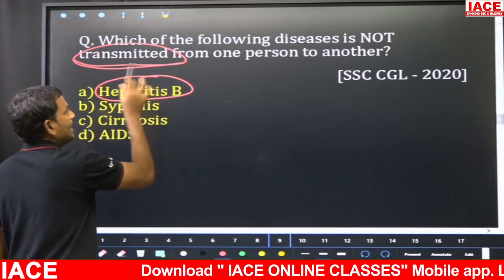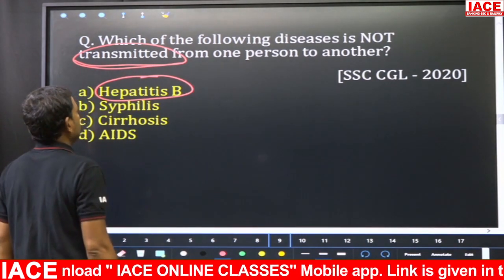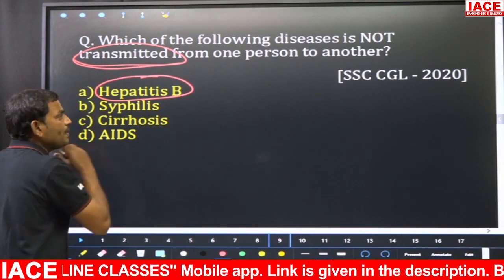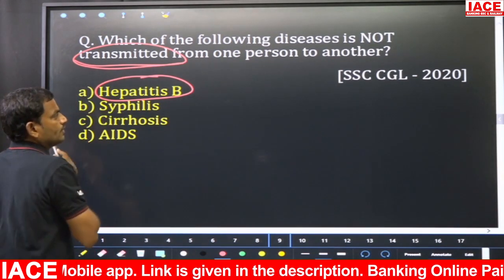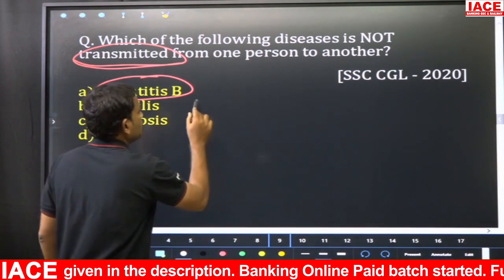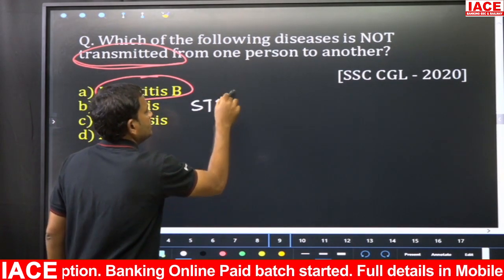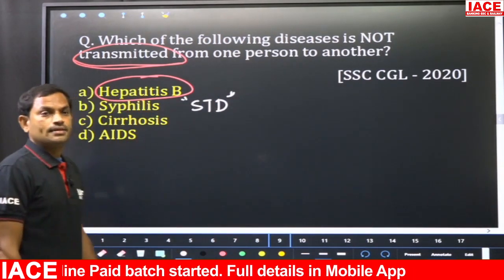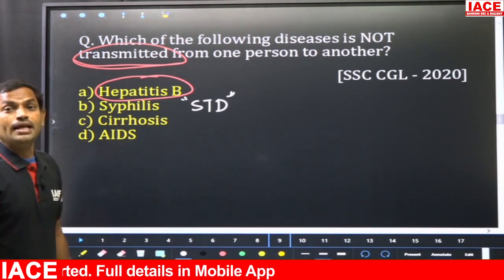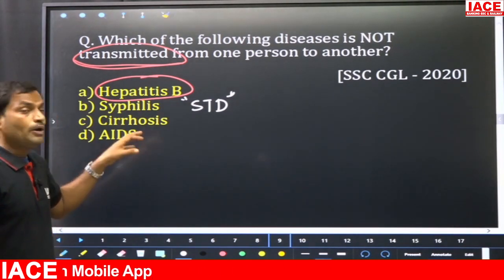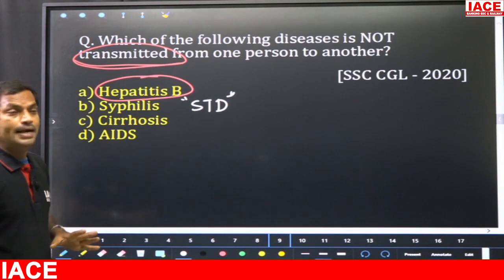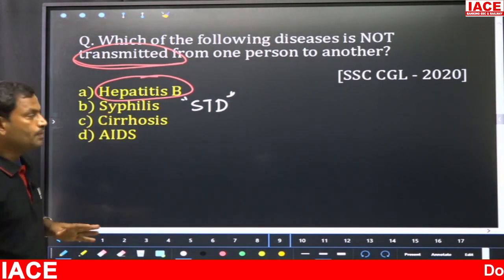That means it is a transmittable disease, right? Then syphilis is a disease which spreads through sexual contact. That's why it is called a sexually transmitted disease. Now this syphilis is caused by a bacteria called Treponema pallidum. So that means it spreads from one person to another person.